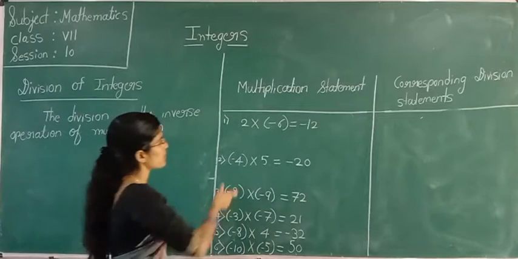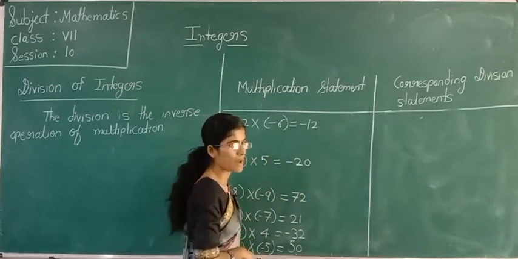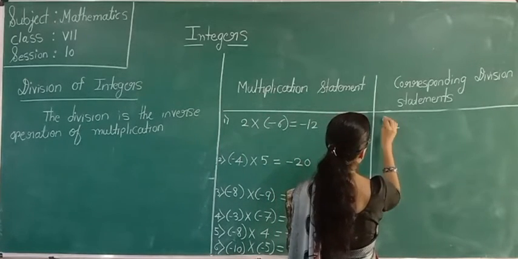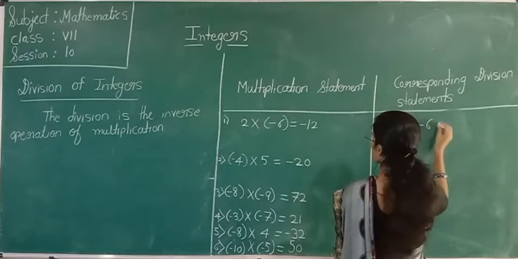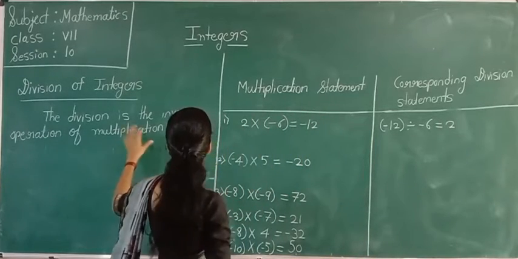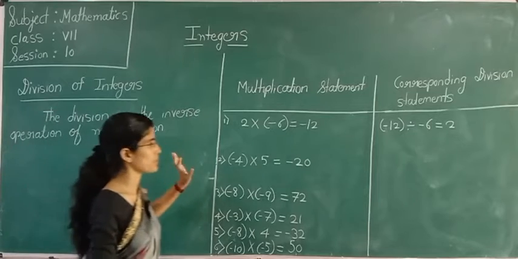Now see here, multiplication statement 2 into minus 6 is equal to minus 12. Now see here, minus 12 divided by minus 6 is nothing but 2. Yes, division is the inverse operation of multiplication.